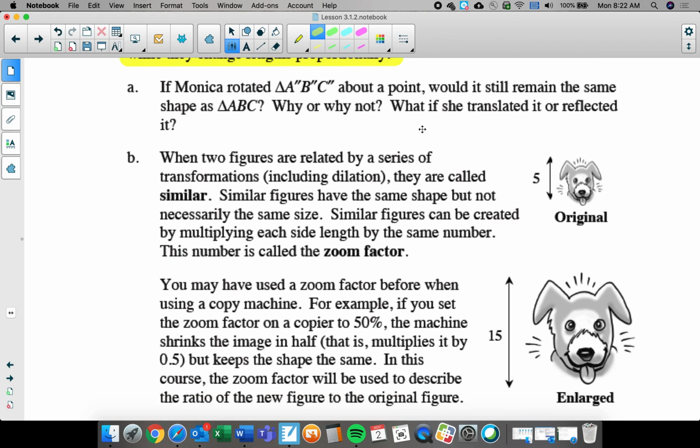When two figures are related by a series of transformations, they are called similar. And right here, similar figures can be created by multiplying each side length by the same number. That number is what they call here the zoom factor, or you might know it as the scale factor. Okay, how many times bigger or smaller is something?